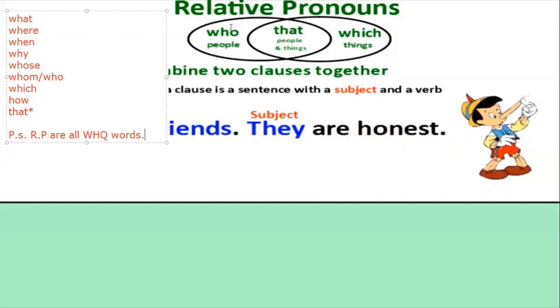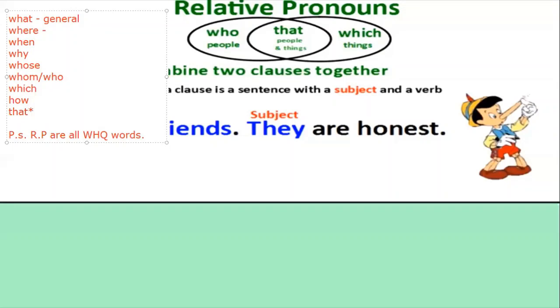Now here I have already told you that who, we use it for people, that for people and things, and which for objects or things too, right? But what do we use what for? Oh, I already wrote it, sorry. General things, to speak about general things, right? But what do we use where for?